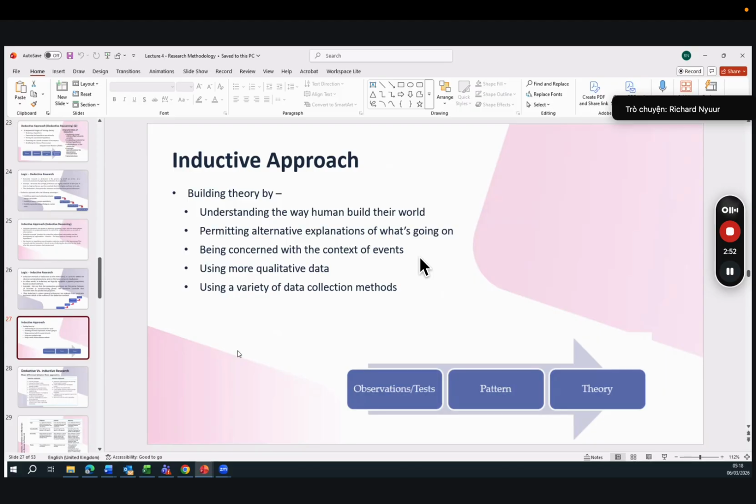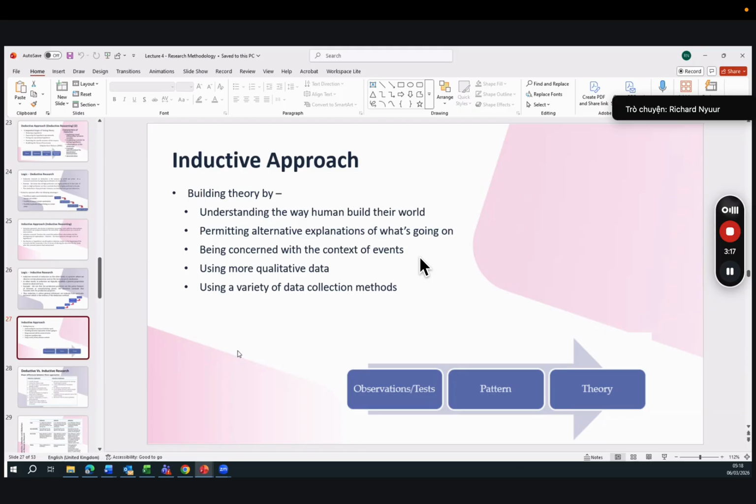The opposite to that is what we call the inductive approach, where researchers rather induce knowledge, deriving explanations of a phenomenon from the data that they have collected.